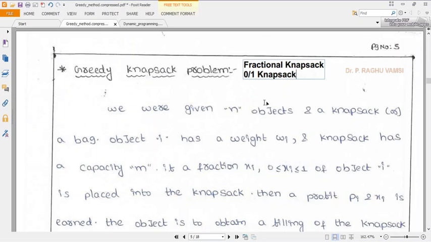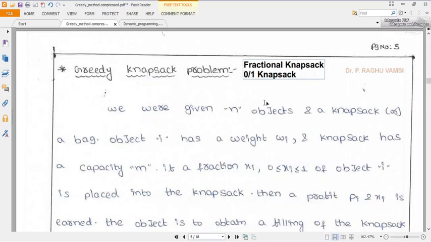Then you take one register out and place the lunch box in that space. So here you are taking one register out. That means you are supposed to place the entire item, or you should not place the item. If this is the case, then it is 0/1 knapsack. That means either you place the item or you do not. That's all. This is 0/1.